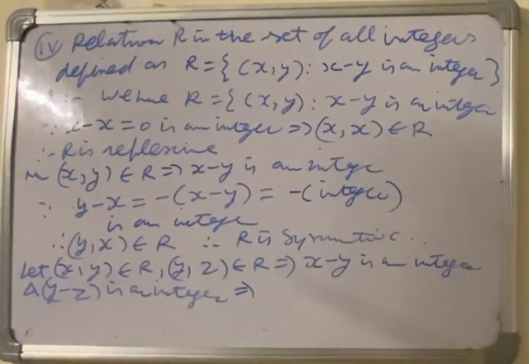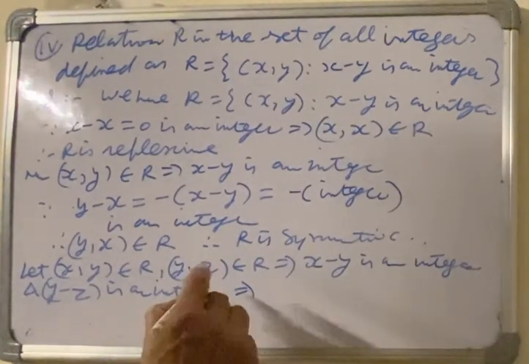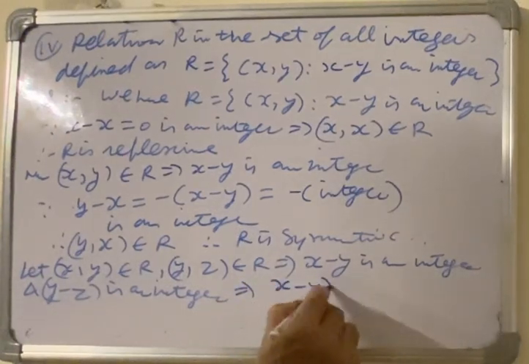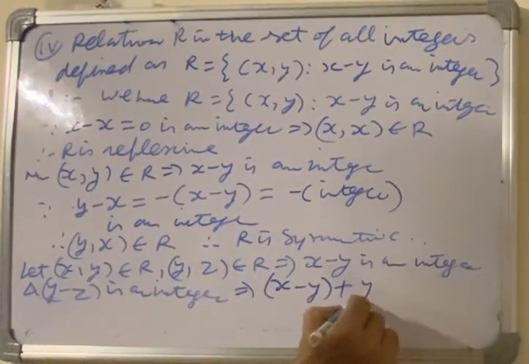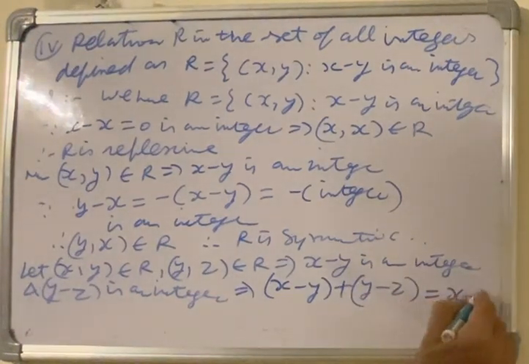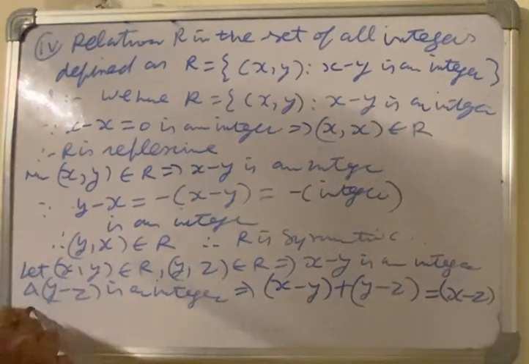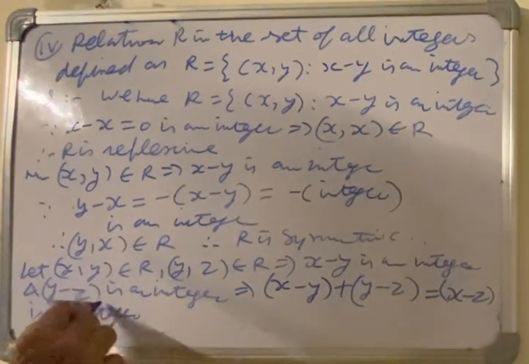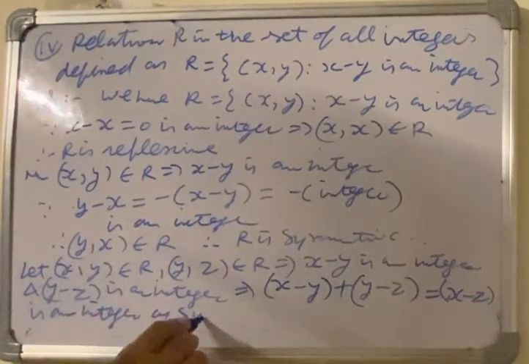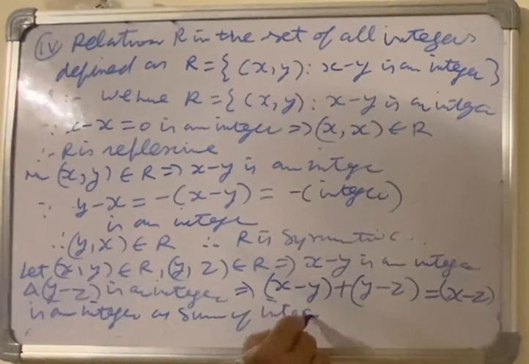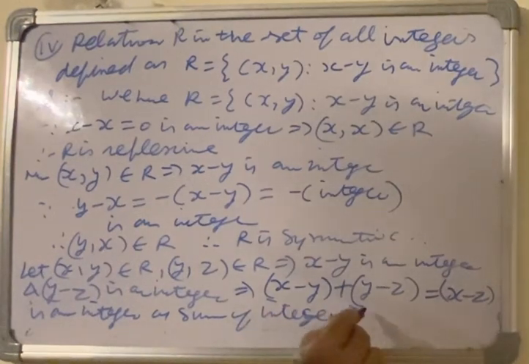This implies x minus y plus y minus z, which is equal to x minus z, is an integer, as the sum of integers is an integer.